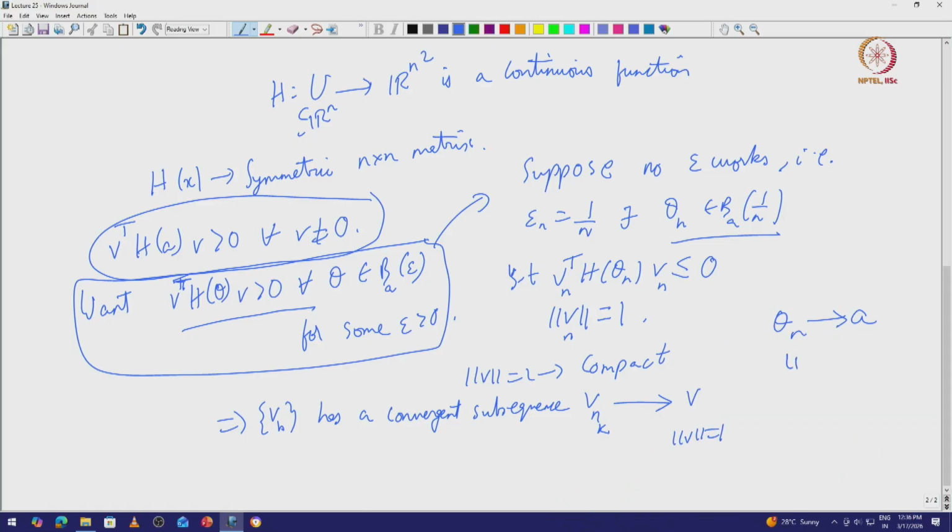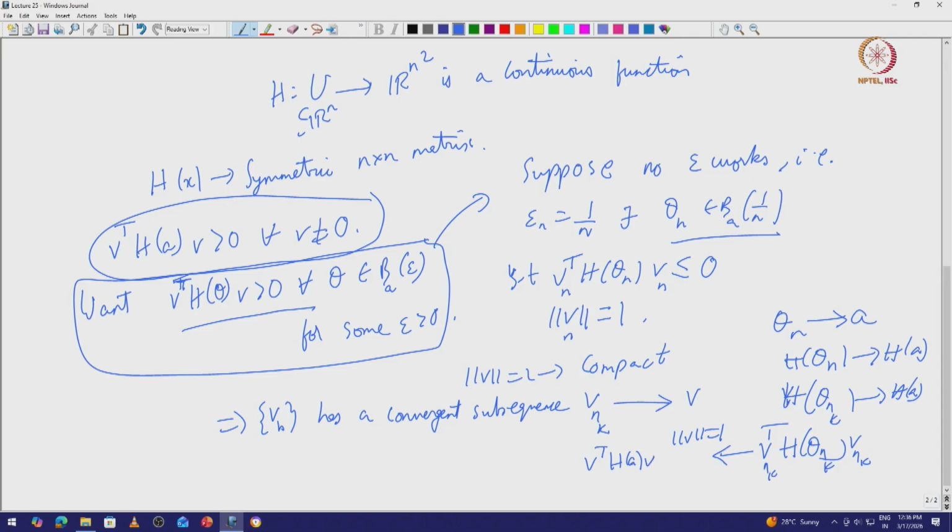So which means H of theta n converges to H of A by continuity. So that means H of theta n sub k converges to H of A. If a sequence converges, every subsequence converges to the same limit. So this expression here converges to V transpose H of A V. Why?